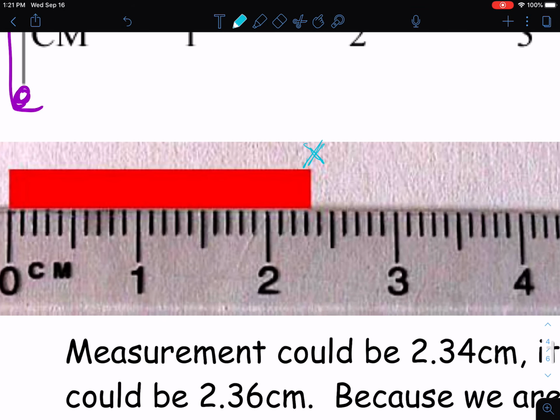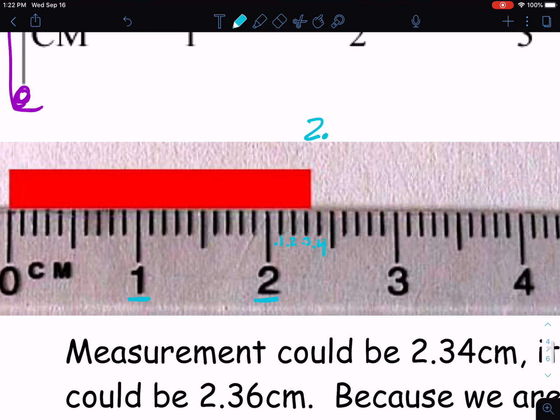When I zoom in here, when we're measuring, what we're going to do is just read the ruler. I know that the line went past 1. I know it went past 2. It did not go past 3. So we know it went past 2. That's the farthest it went. Now we're going down to the little tick marks here.